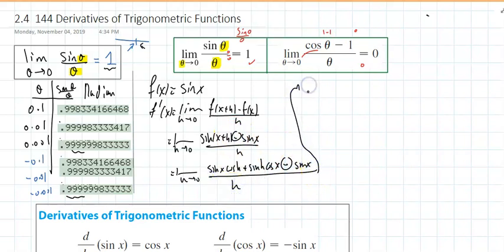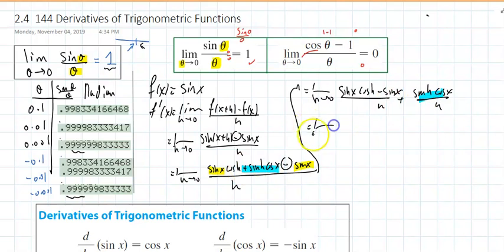And if I continue that, that is the limit as h approaches 0. Actually, I could split those two up. That's the sine of x cosine of h minus sine of x over h plus sine of h cosine of x over h. So I broke them up by this plus. Here I'll take the limit as h approaches 0 and I'll factor the sine of x out.